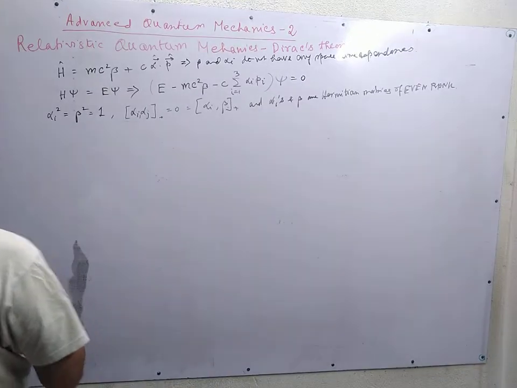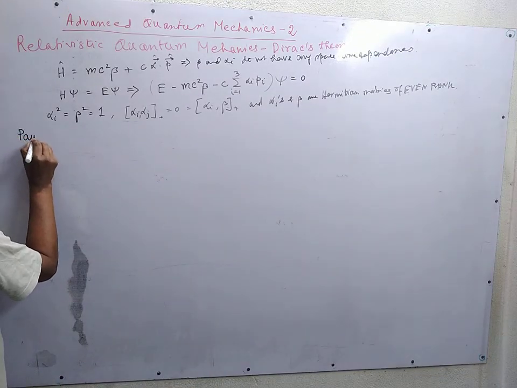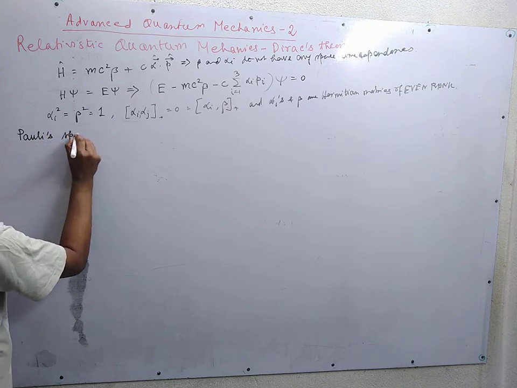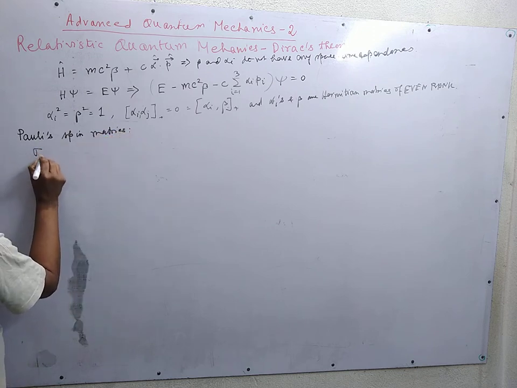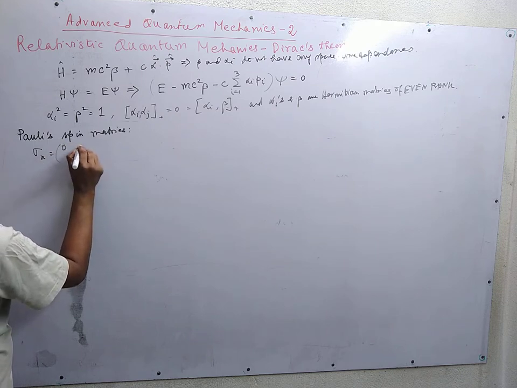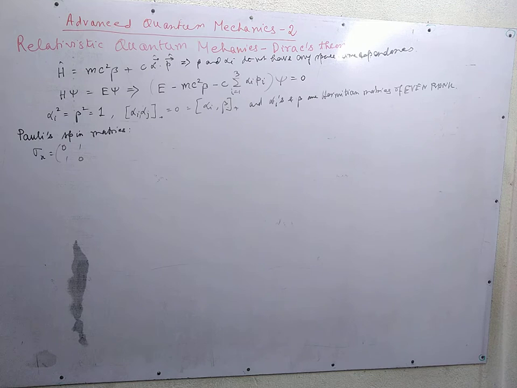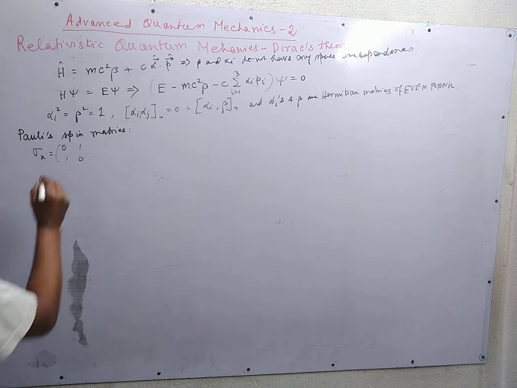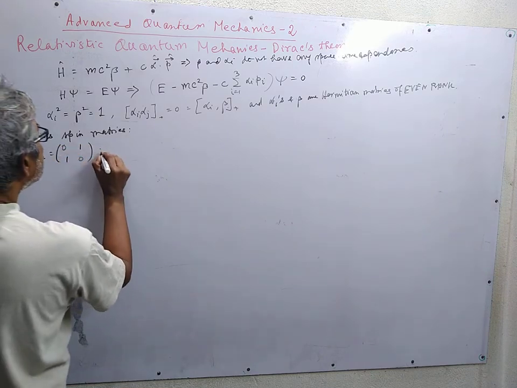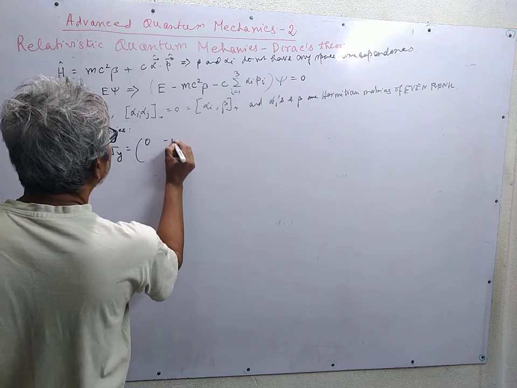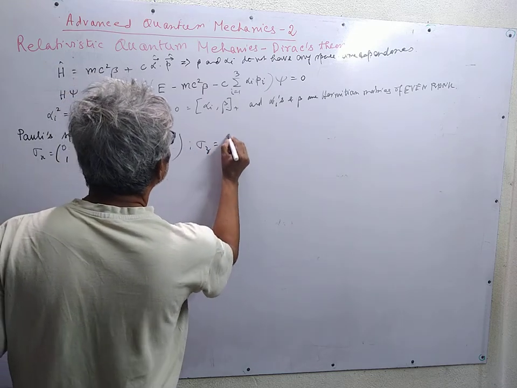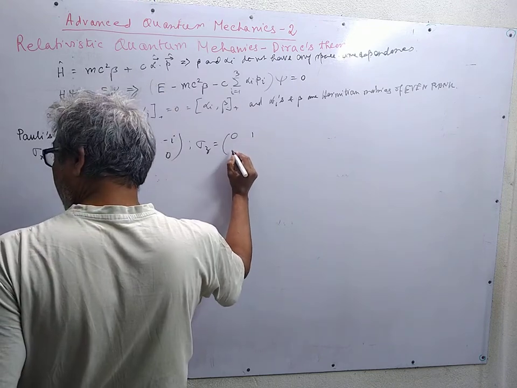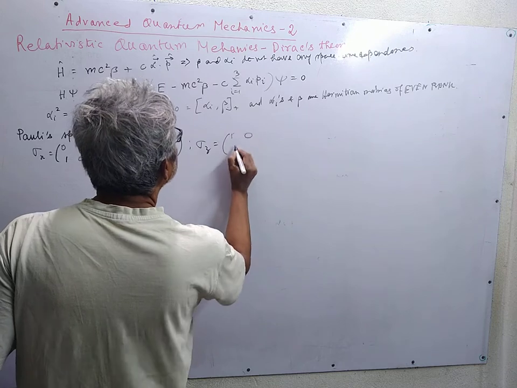The Pauli spin matrices are this: sigma y is equal to 0 minus i, i 0, and sigma z is equal to 1 0, 0 minus 1.